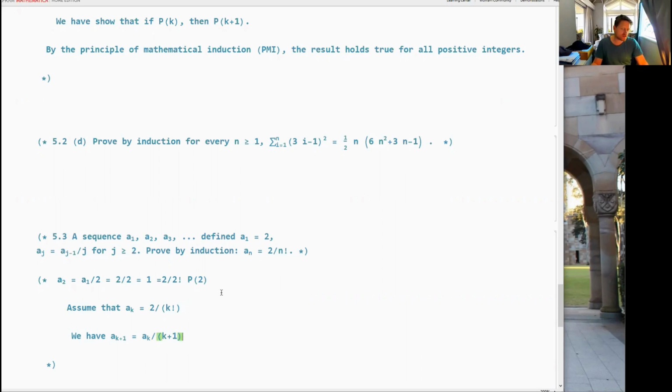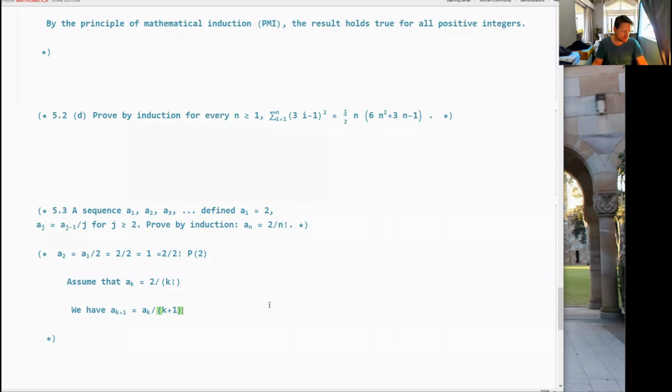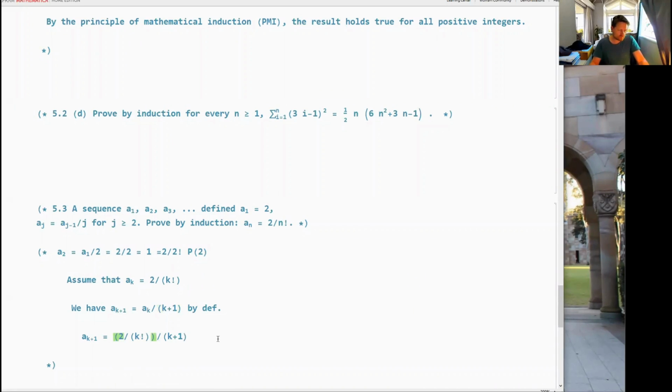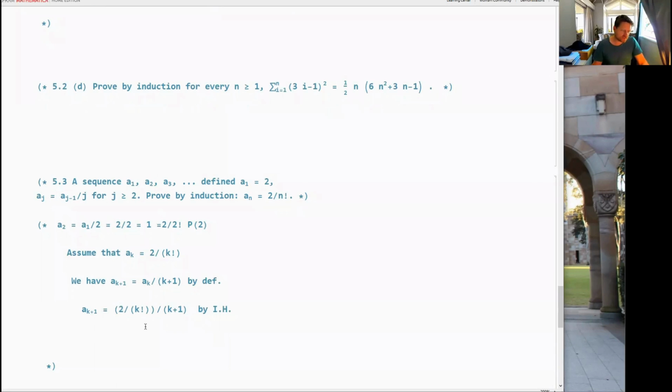So we have this. Next, what we want to do is use the induction hypothesis. So let's say by definition. And next, we want to use the hypothesis. So we'll rewrite this, except here for a_k, we're putting 2 over k factorial. Okay, and now this is by induction hypothesis. And now all we have to do is simplify this.